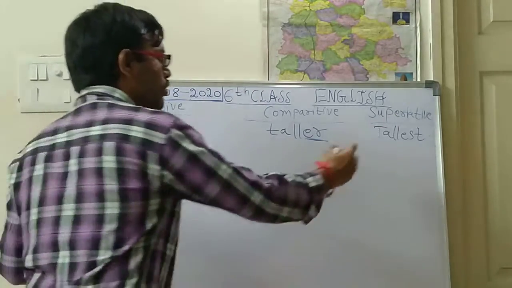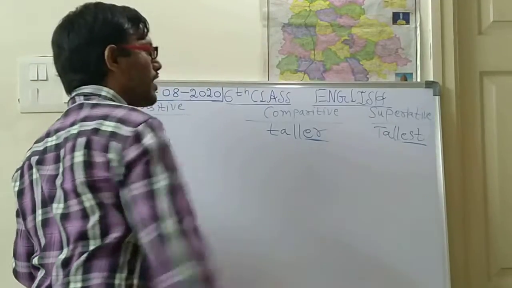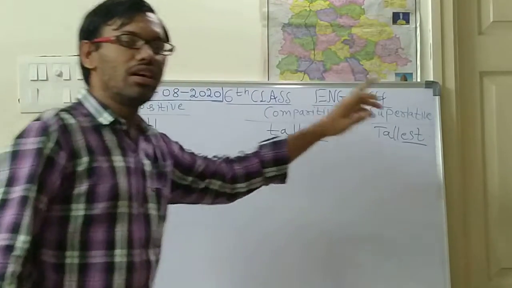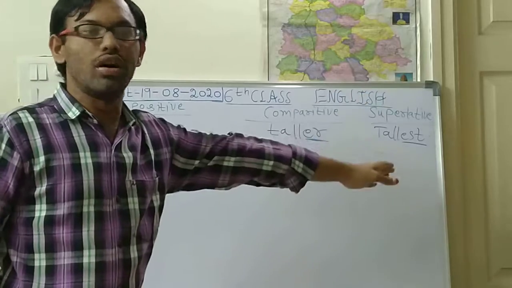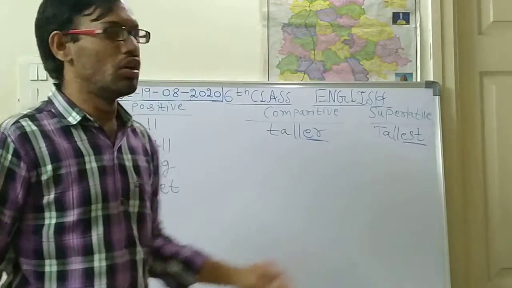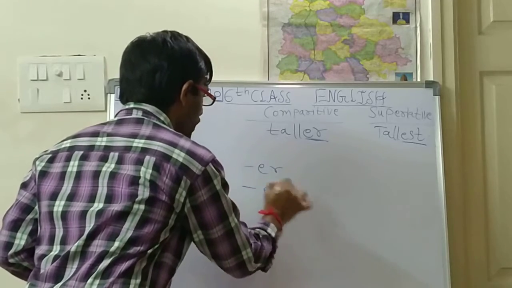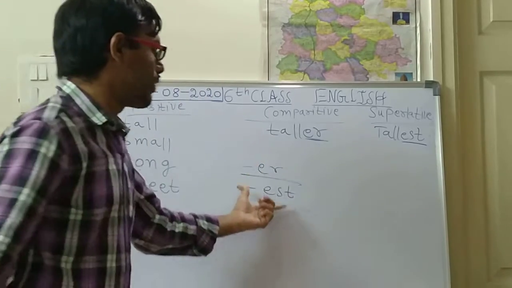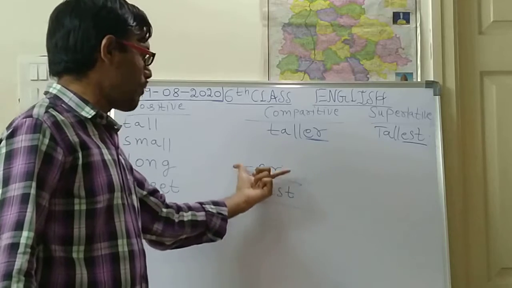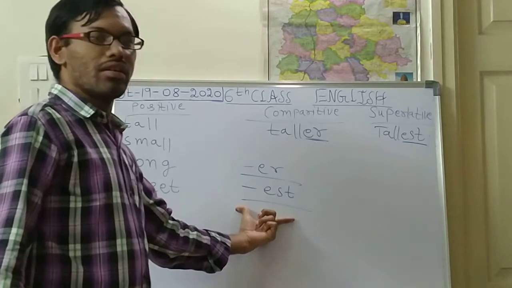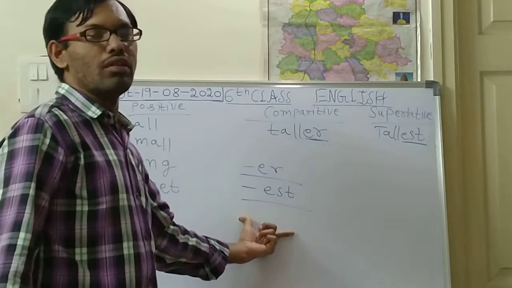In the superlative, est is the clue. So er and est are the comparative and superlative clue letters.